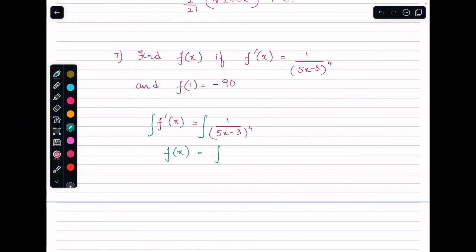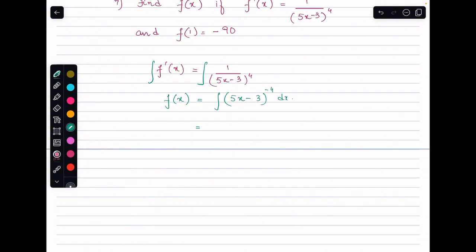And then here I can say that I shall be having the integral of 5x minus 3 to the power negative 4 dx. So solving that, we know that to the power 5x minus 3 to the power negative 4, I shall be adding a plus 1, and then in the denominator, I should be differentiating 5x minus 3.